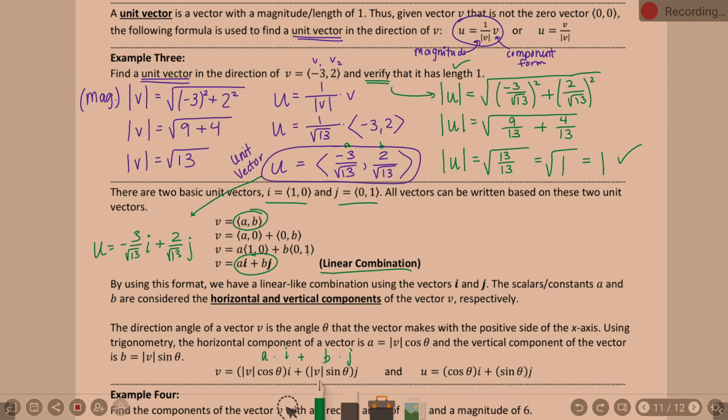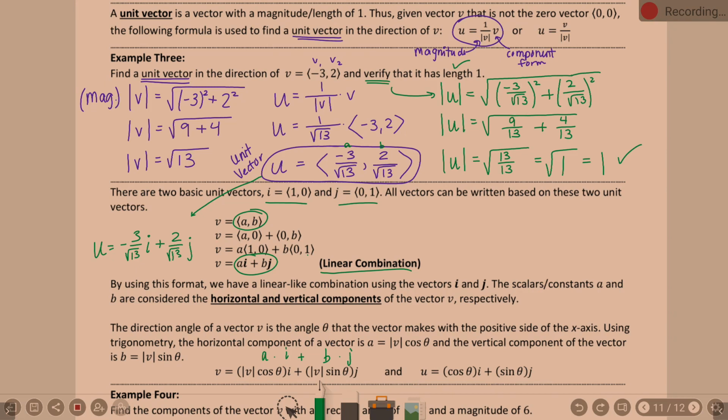Sometimes we're given the head and the tail and we can just subtract them, like we did earlier, to find component form. Sometimes we don't have that information, and if we have an angle thrown in, those are the forms we'll look at. And u here represents the unit vector. A unit vector has a length of 1, so you wouldn't have to worry about the absolute value out front, because the length would be 1.